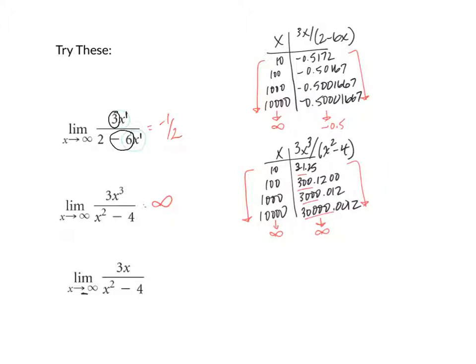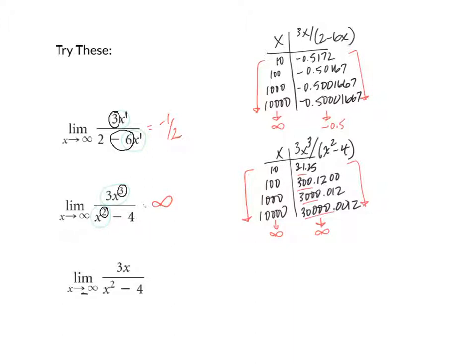Now let's take a look at the next one, and we take a look at the leading term, or the term with the highest exponent, and notice in this case the numerator has a higher degree, 3, compared to degree 2. So now when x is growing, we're cubing in the numerator and only squaring in the denominator.